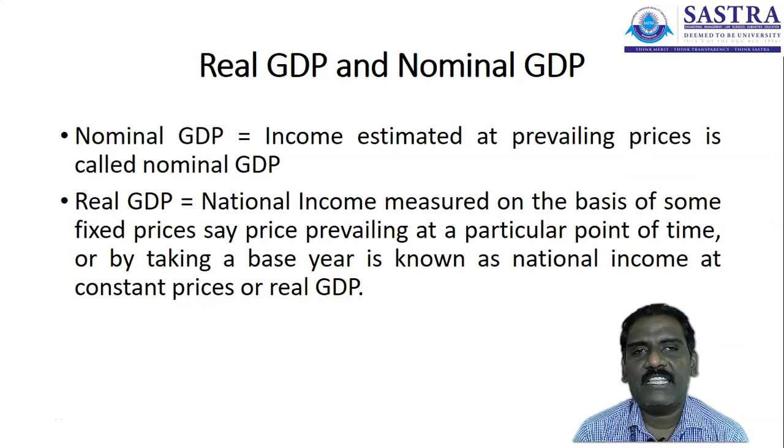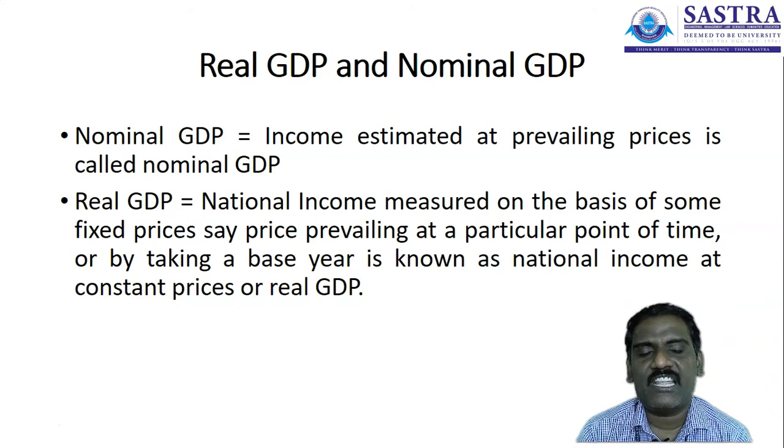What is the price at which the particular product is available in the market? The current price of the product we are calculating is what we call nominal GDP. The real GDP is calculated where national income is measured on the basis of fixed prices, by taking a base year, known as national income at constant prices or real GDP.